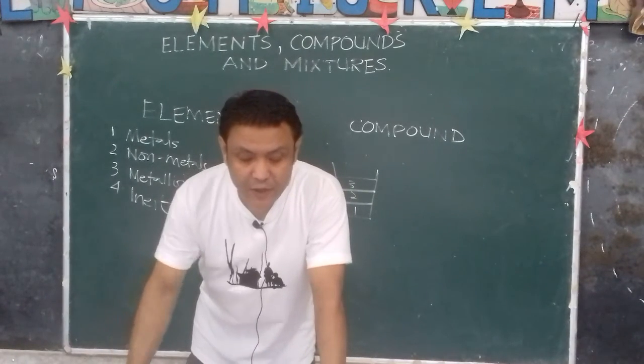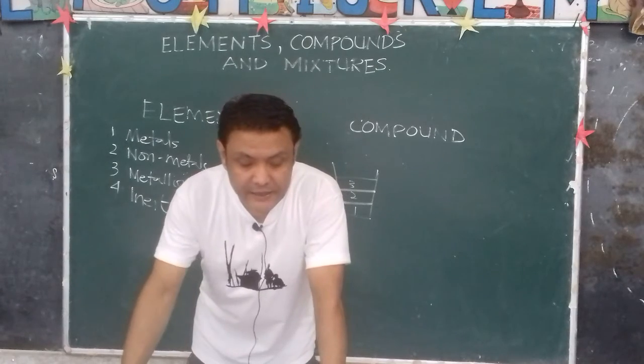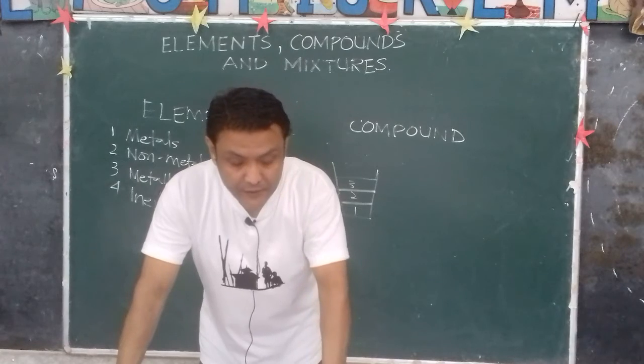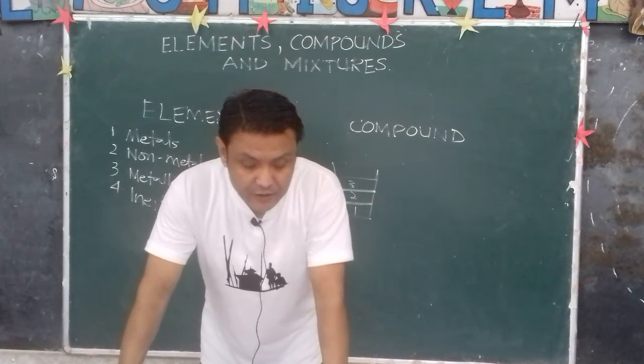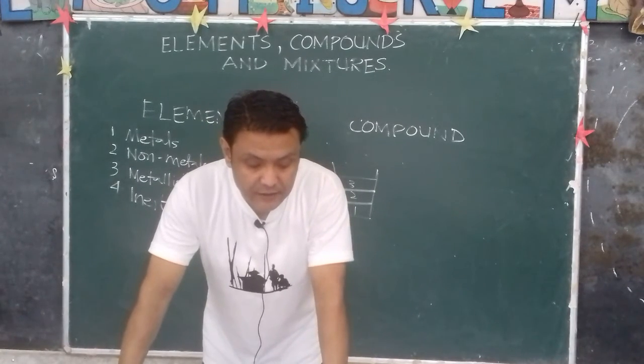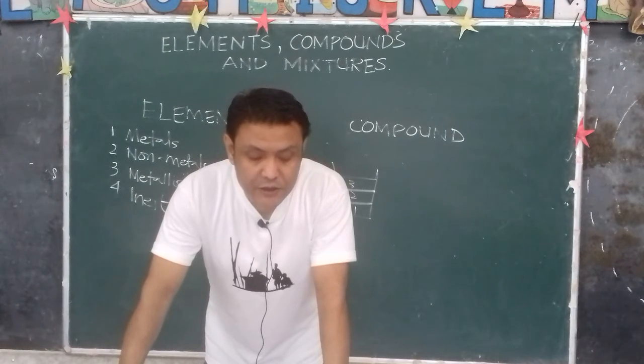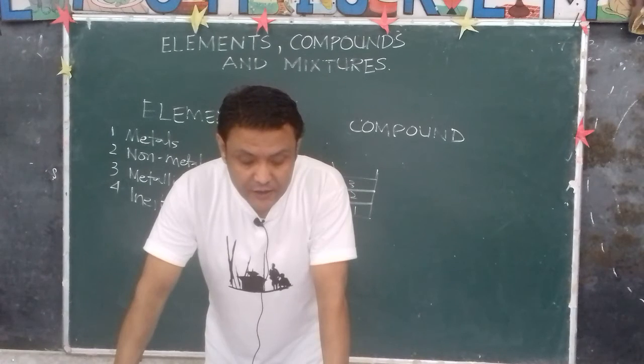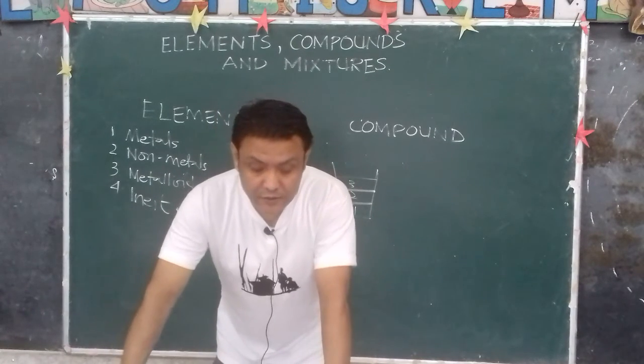The differences between homogeneous mixture and heterogeneous mixture are given on page number 24. You can have a look. A homogeneous mixture is the one in which the constituents are uniformly mixed, whereas a heterogeneous mixture is the one in which the constituents are not uniformly mixed.